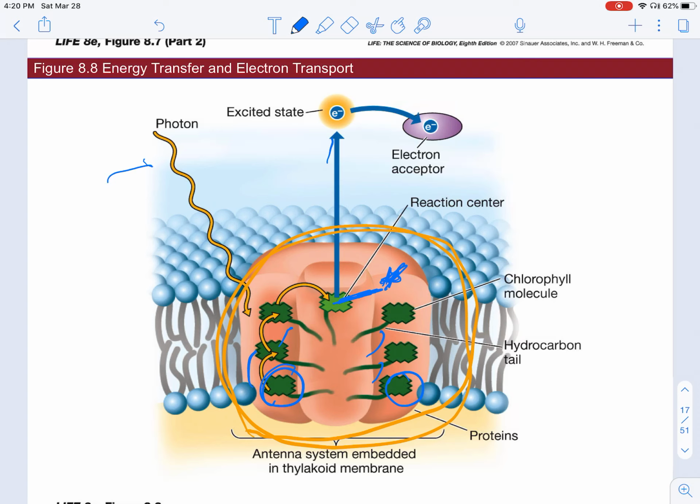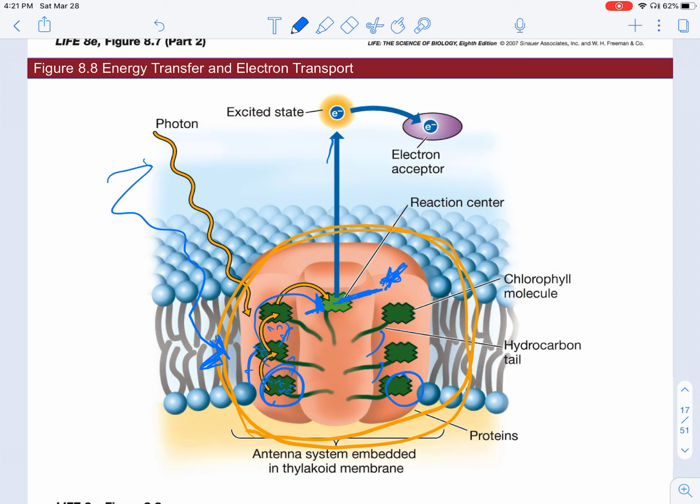So essentially, you have a photon, it comes in, it hits these antenna systems, the electron gets activated in one of these chlorophyll, and that electron bounces around these chlorophylls until it's ready to get to this chlorophyll A molecule, which passes it out of the system.